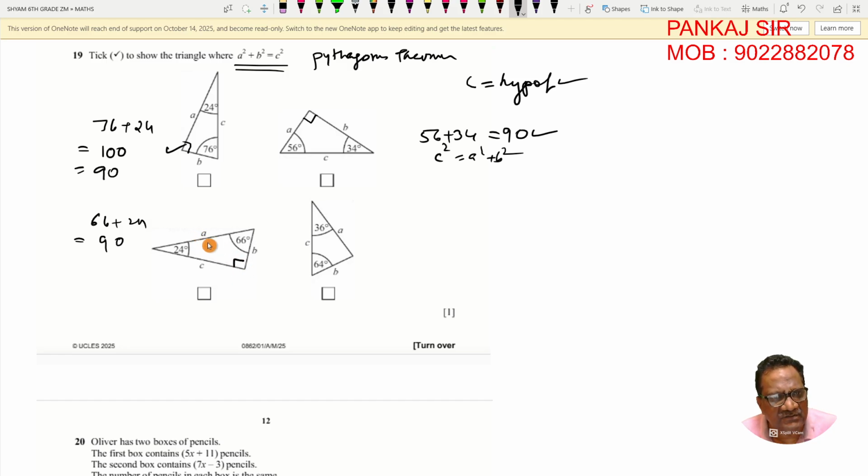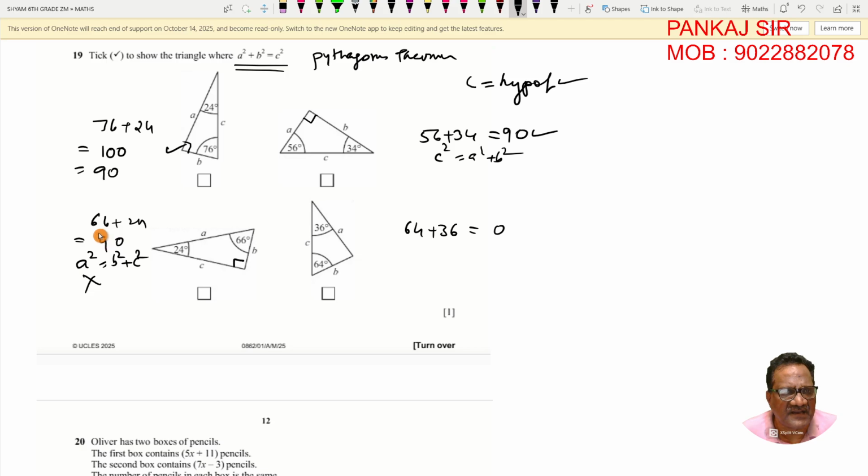So here actually a square should be equal to b square plus c square. Isn't it? So this is not working, right? This isn't working. These two are working. Let us check this one. 64 and 36. Okay, so 64 plus 36 works out to 6 plus 4 is 10, 0.